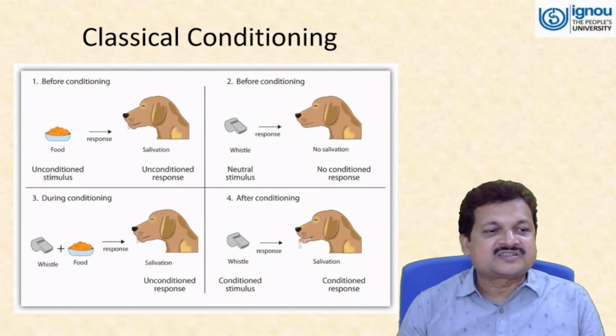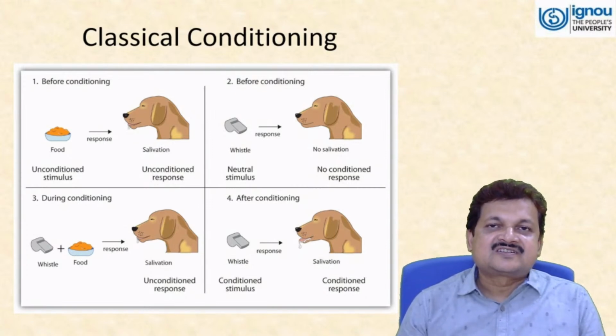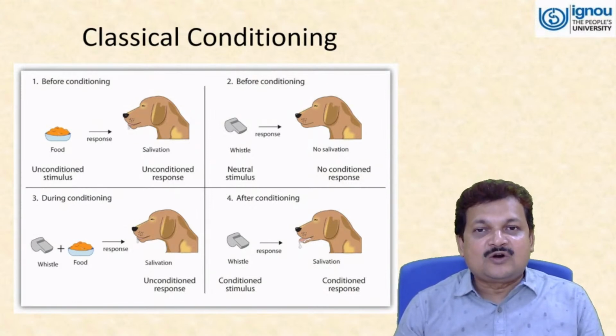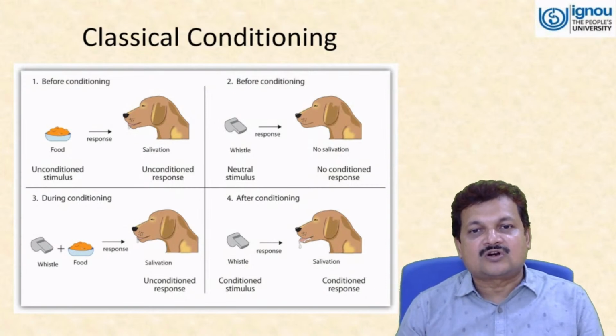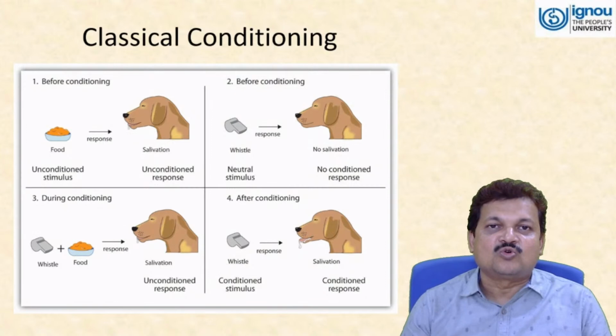Now in the fourth stage, after conditioning, instead of providing the food, if you start with the whistling, the dog salivates by the noise of the whistle alone. So without seeing the food, the dog is able to salivate, because the dog is already accustomed to the food with the whistle.